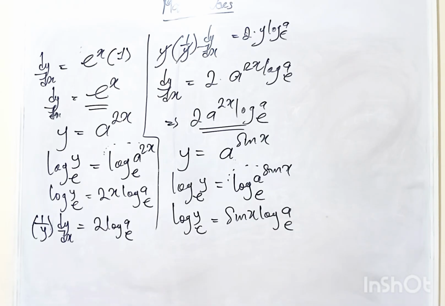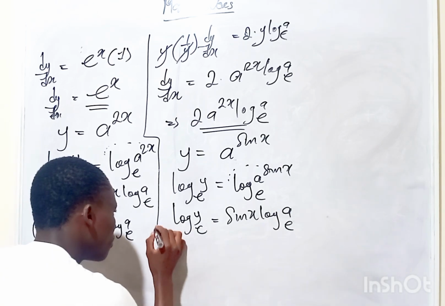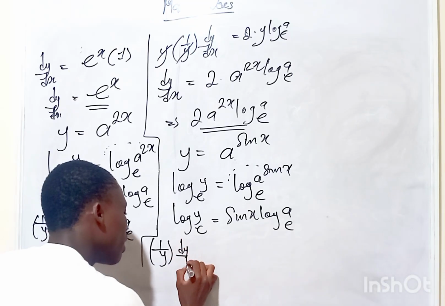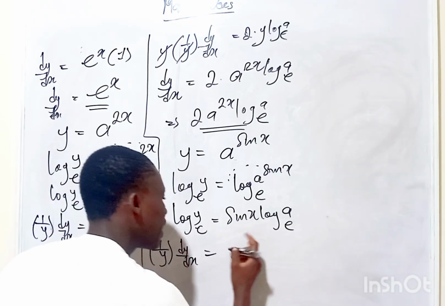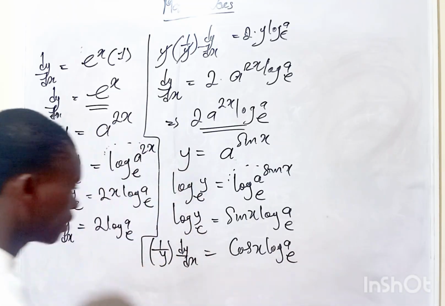All right, so from here, how do we finish this? We know that if we differentiate this, we have 1 over y, dy over dx equals, if we differentiate sine x, cos x log a base e.